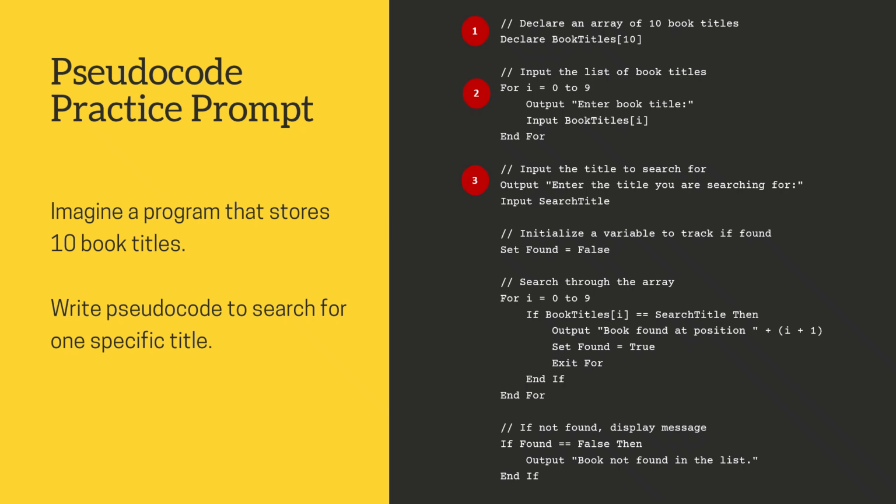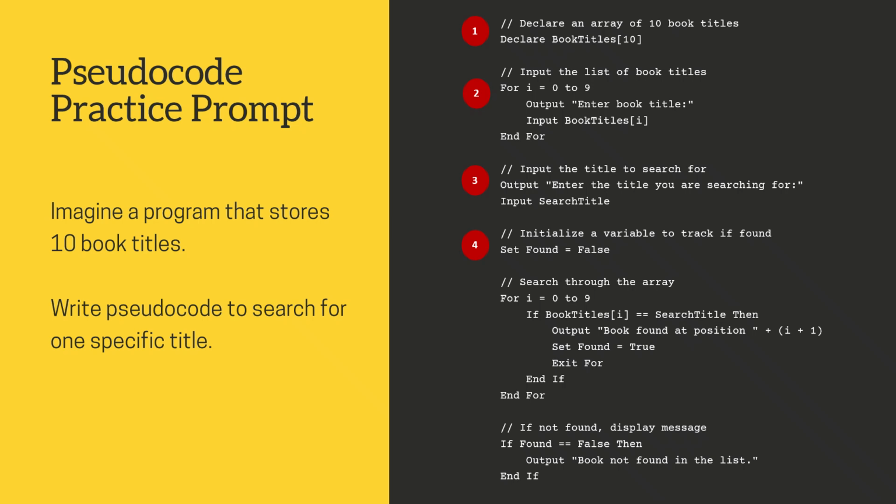The next step is that the program is going to ask the user to enter the title they want to find. This title is stored in the variable search title. For example, the user might be looking for the book Moby Dick.